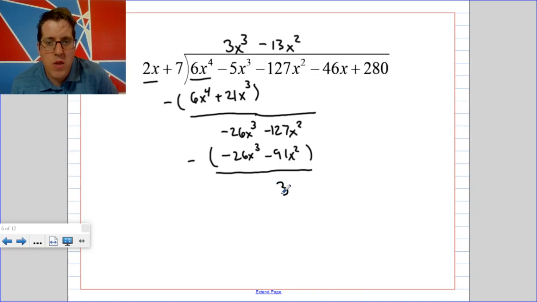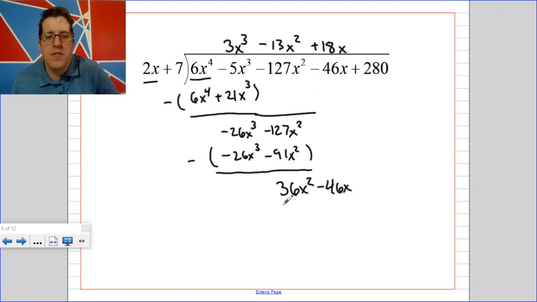So this is going to give me 36x squared minus 46x. I would need 18x to multiply into that.